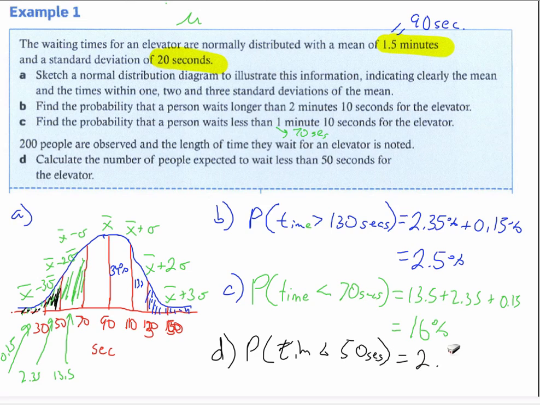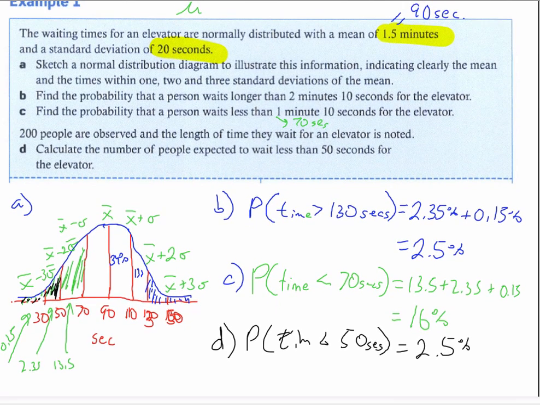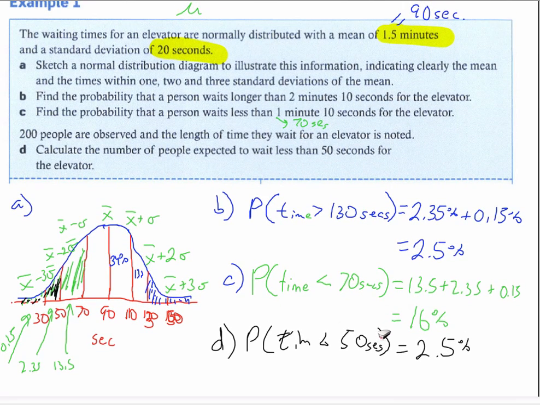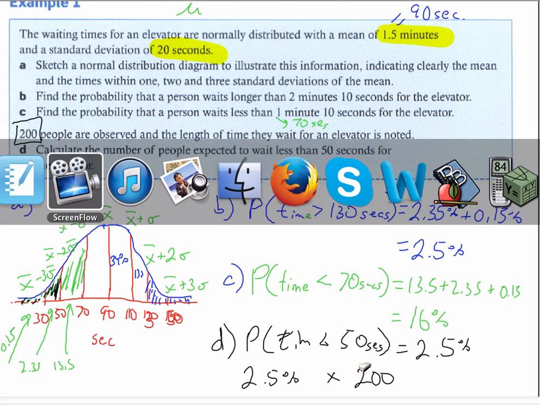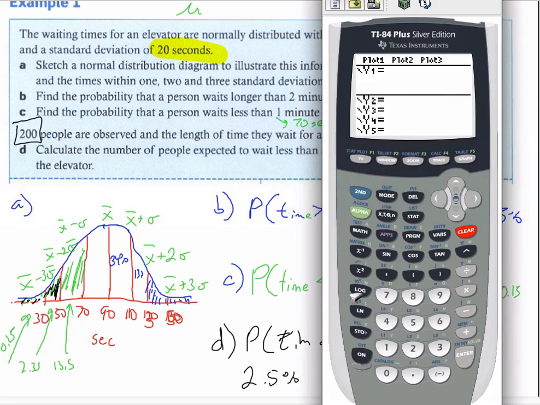So there's a 2.5% chance of waiting less than 50 seconds. If 200 people use the elevator, then we just need to multiply 2.5% times 200. Alright, so let's do it on the calculator.